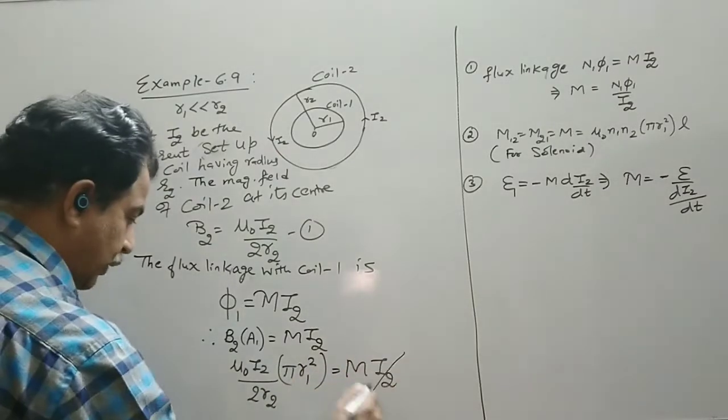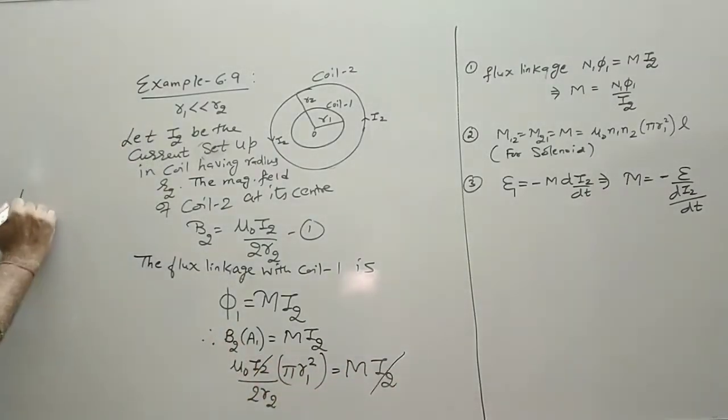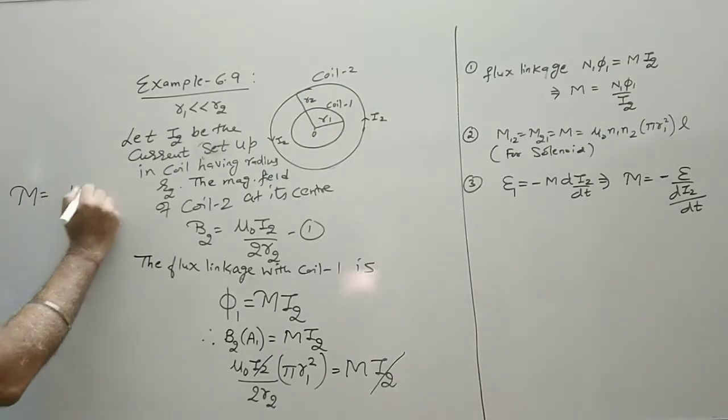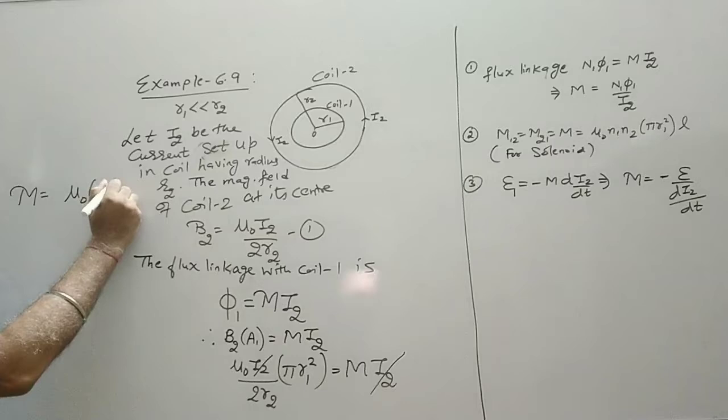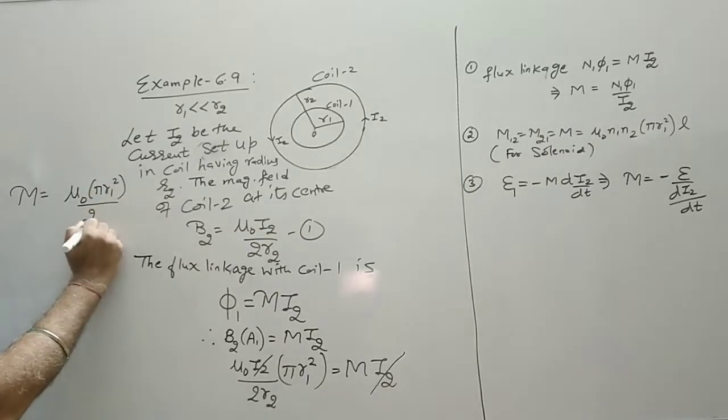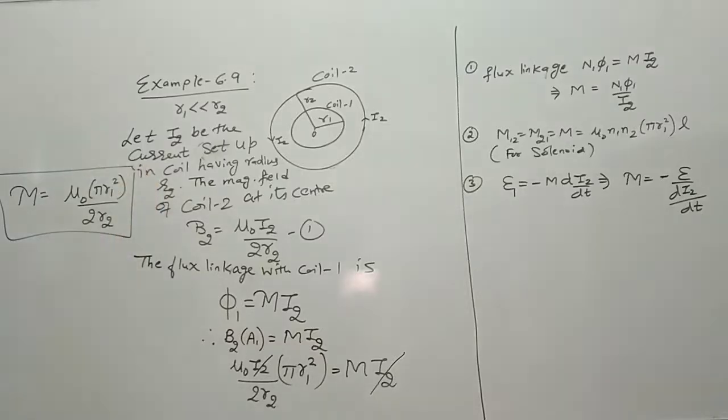So I2 is cancelled. So M is equal to mu naught pi R1 square upon 2R2. So this is the mutual inductance of the system of two coils which are kept concentric or which have a common center.